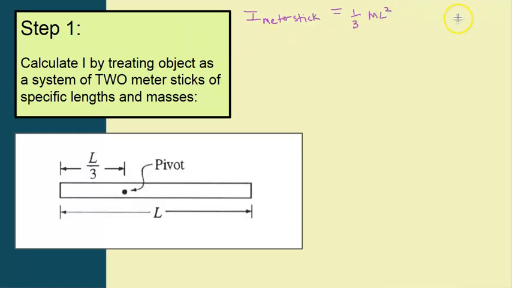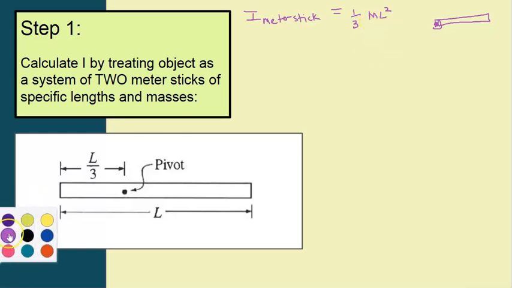So when I passed around the meter sticks with all the stuff on it, just pretend there was nothing else on it, and you were going to grab it about the end, not about the middle. So you're grabbing it about the end. That is a given formula.